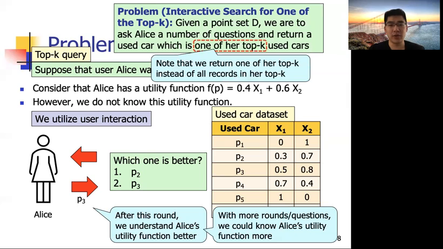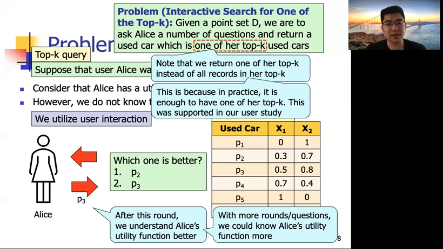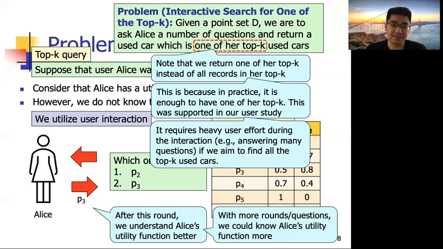Note that we return one of her top K instead of all records in her top K. This is because in practice, it is enough to have one of her top K. This was supported in our user study. Besides, if we aim to find all the top K used cars, it requires heavy user effort during the interaction.